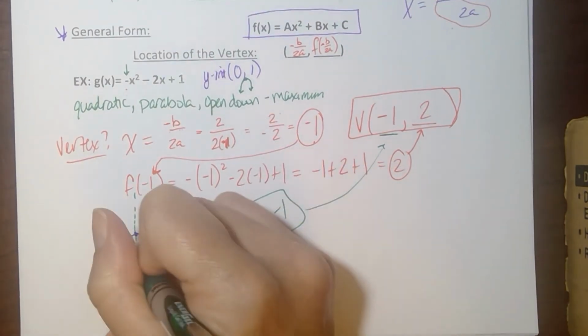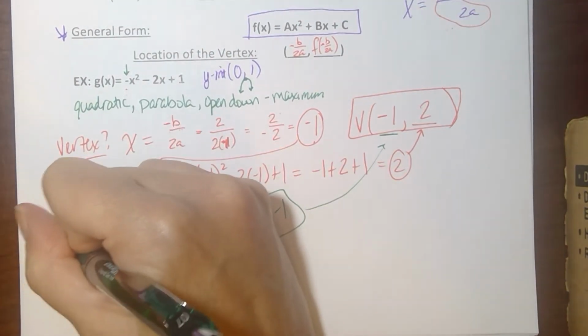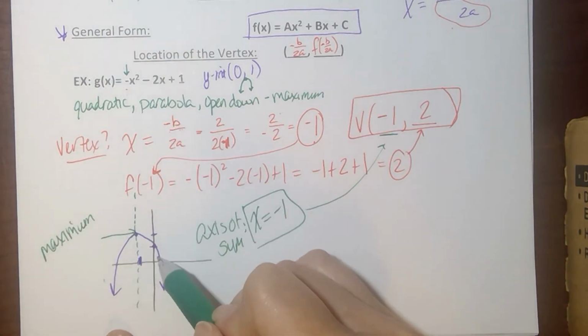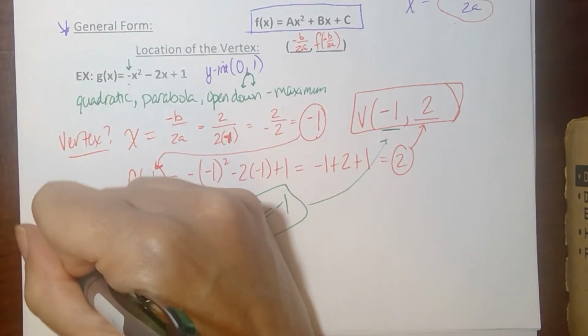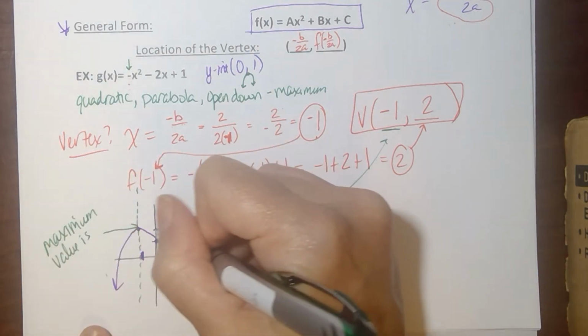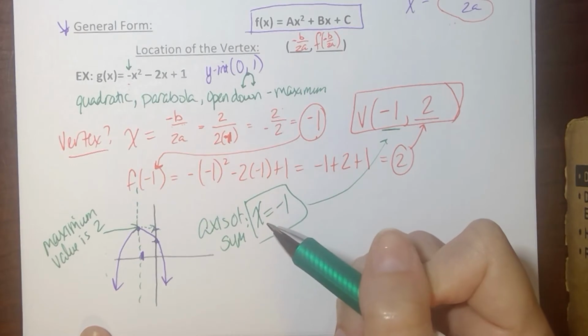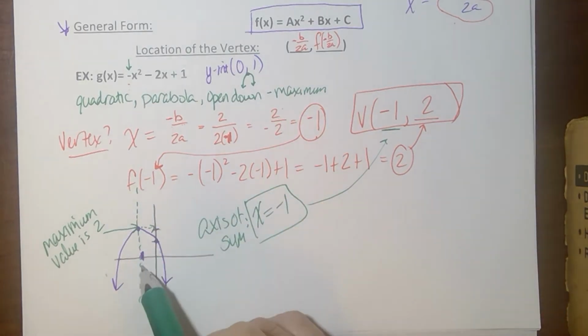I have a maximum value for this graph. I have a high point, it's a hill. And the maximum value of the function is 2. That's the y-coordinate of my vertex. It occurs at that axis of symmetry, at that x-coordinate.